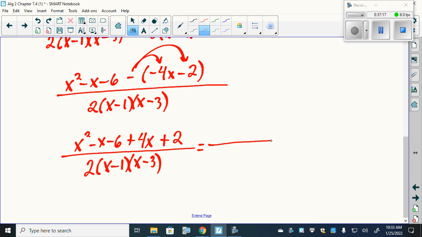And now we can actually combine like terms. The x squared is going to stay the same because it's the only one. Our negative x plus 4x is going to be plus 3x. And negative 6 plus 2 is negative 4 over 2 times x minus 1 times x minus 3.